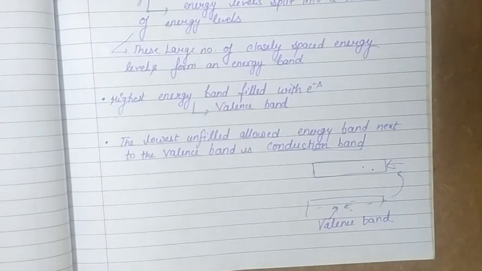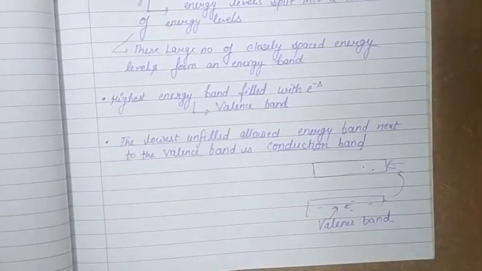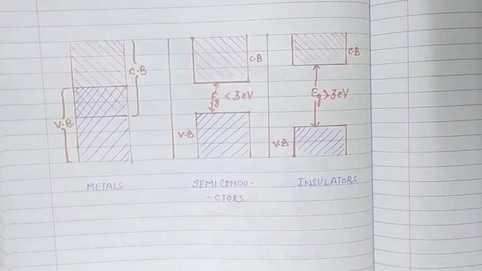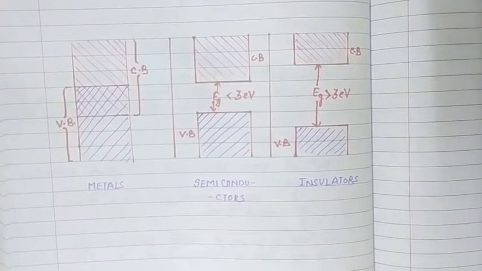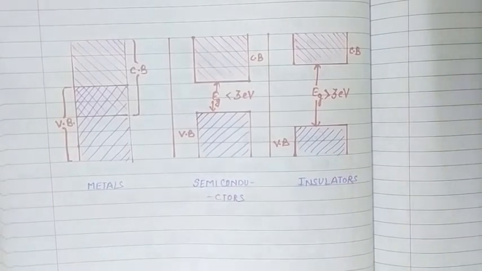On the basis of this fact, we have band theory, which help us to distinguish between metals, semiconductors and insulators. So let's see the distinction between these three on the basis of band theory. So this is how we can explain the distinction between metals, semiconductors and insulators on the basis of band theory.